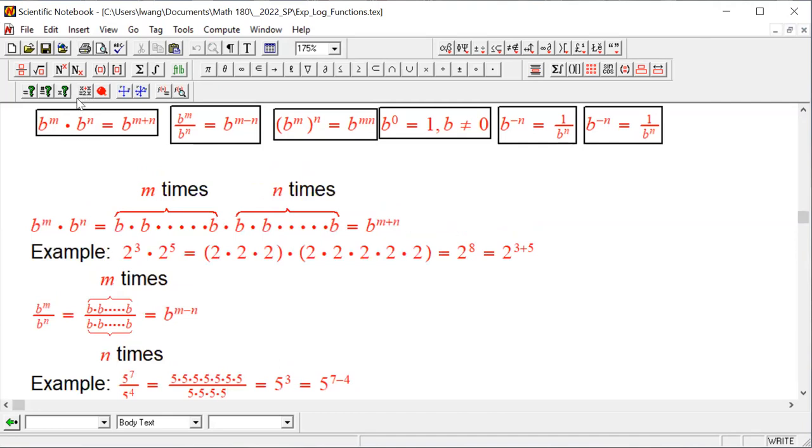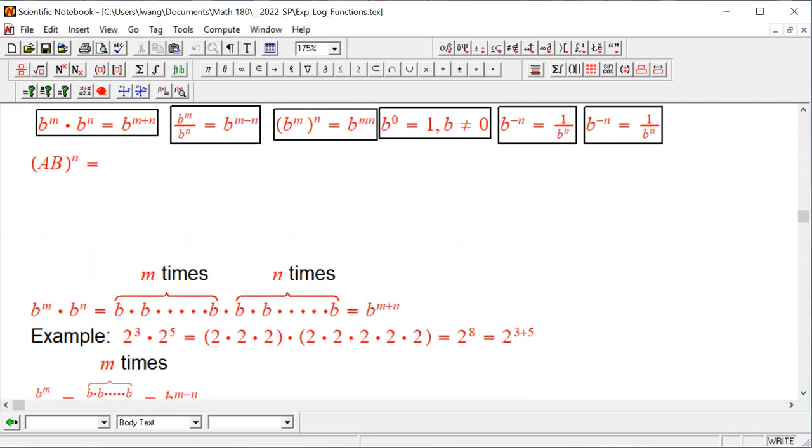And one of the other properties would be, say, (A times B) to the power of N. What would that be? This should be fairly straightforward, right? But still, let's derive it.